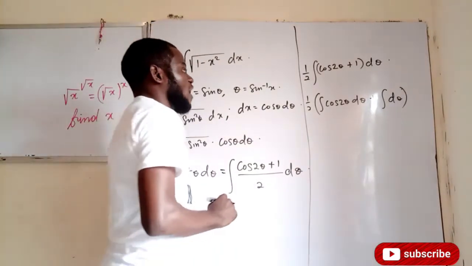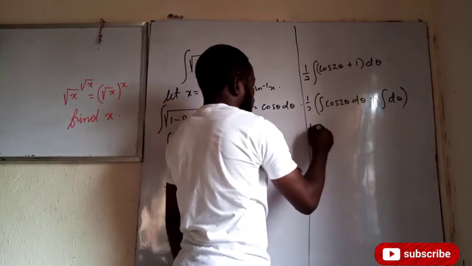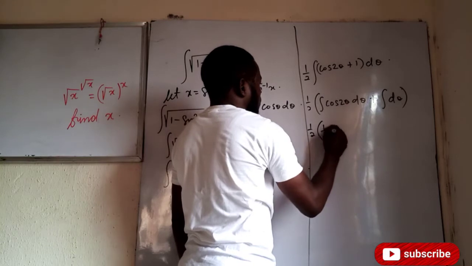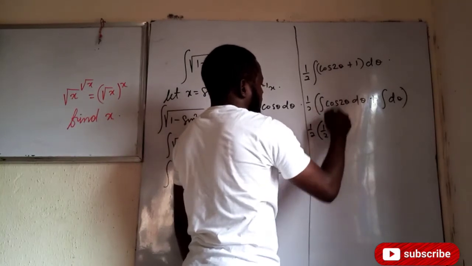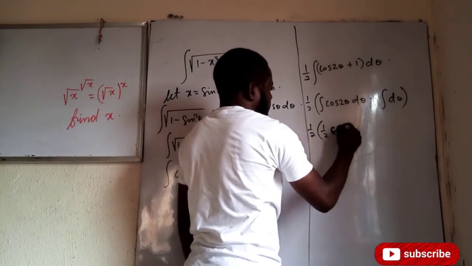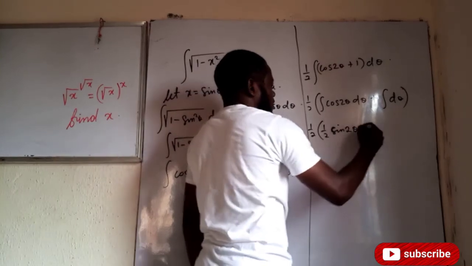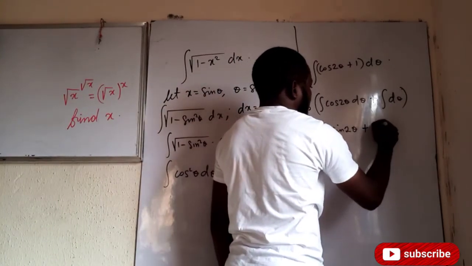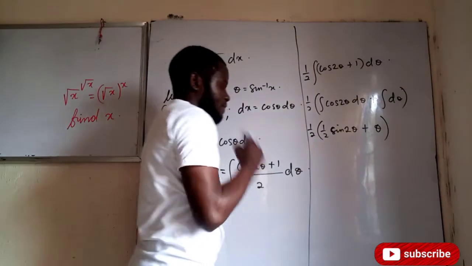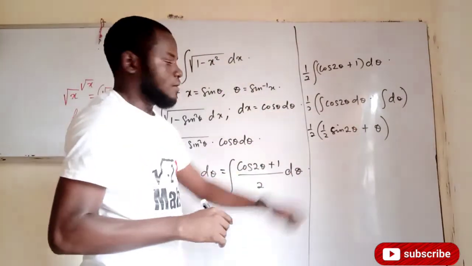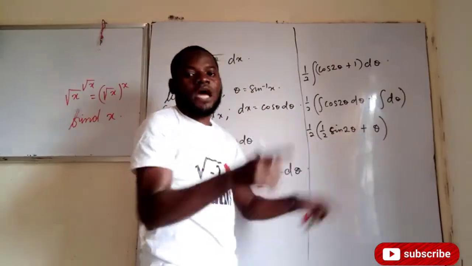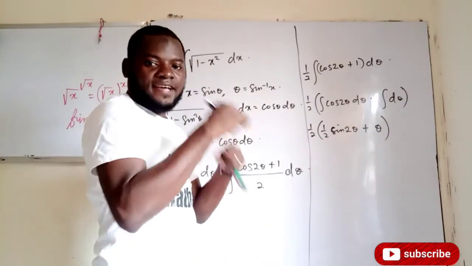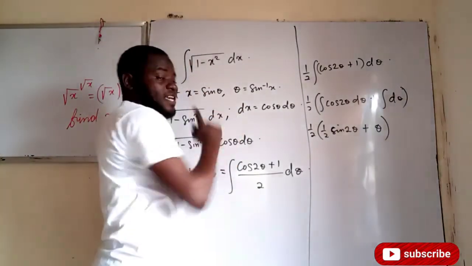So we are still on track. Hence, this one will give us 1 over 2 into 1 over 2 sine 2 theta, then plus theta. Let's not add c now, because we are still in the theta world, and we need to take it back to the x world, because that is what we are given.